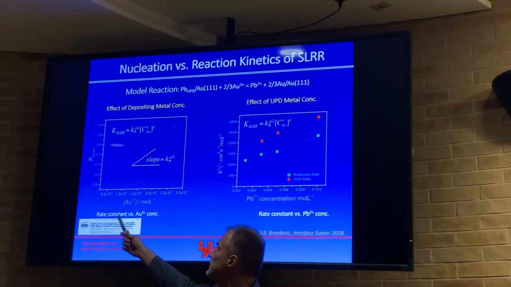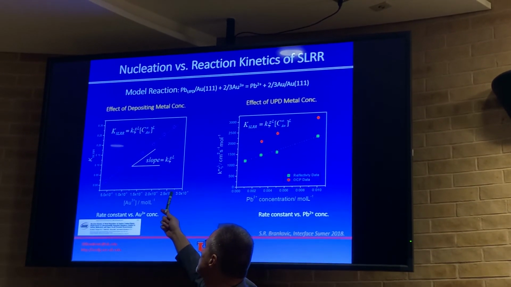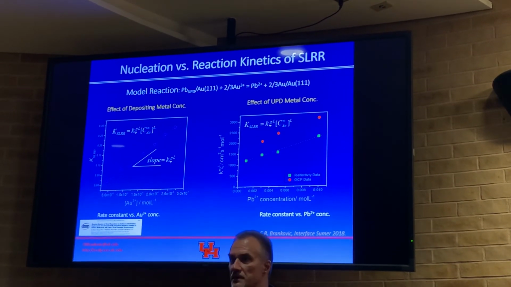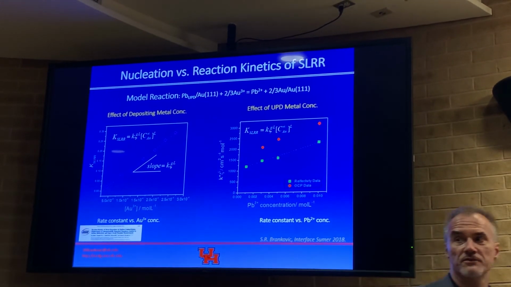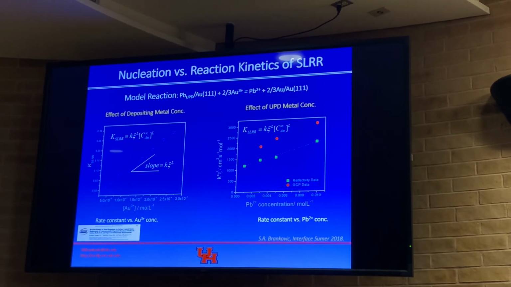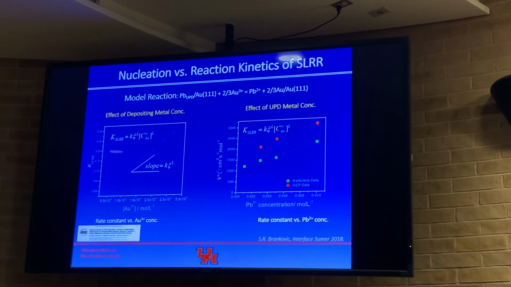That is increasing the gold concentration from about 5 times 10 to the minus 5 to about 5 times 10 to the minus 4, 10 times, right? It's straightforward. It's a first order reaction in terms of the concentration.